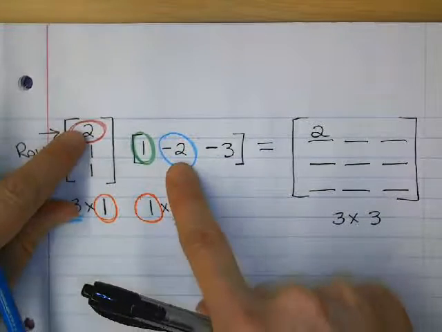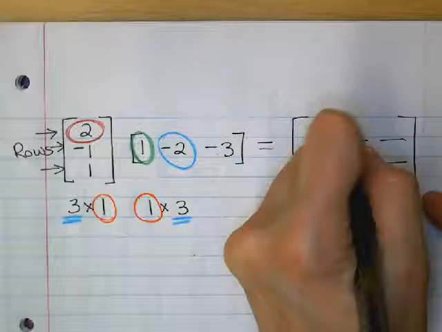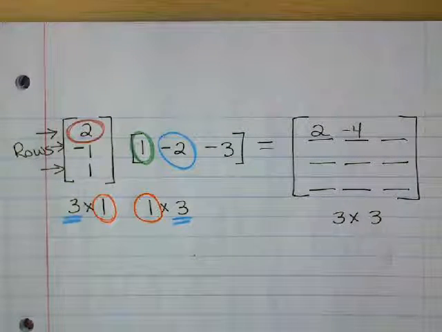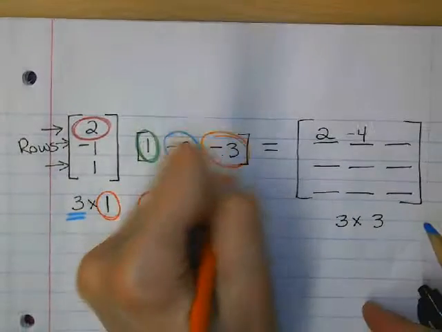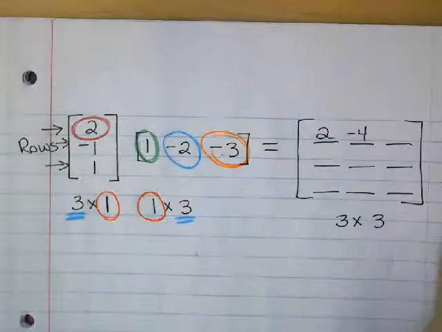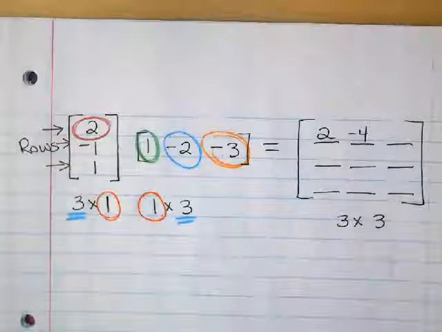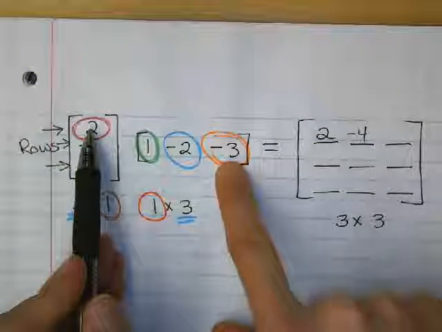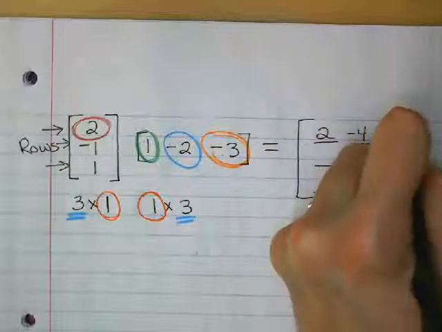So this times this, that's -4. And hopefully you'll catch on here. I'm still on the top row, so you have to stay on the same row until you've done all the columns with it. So still on top row, last number, that'd be -6.